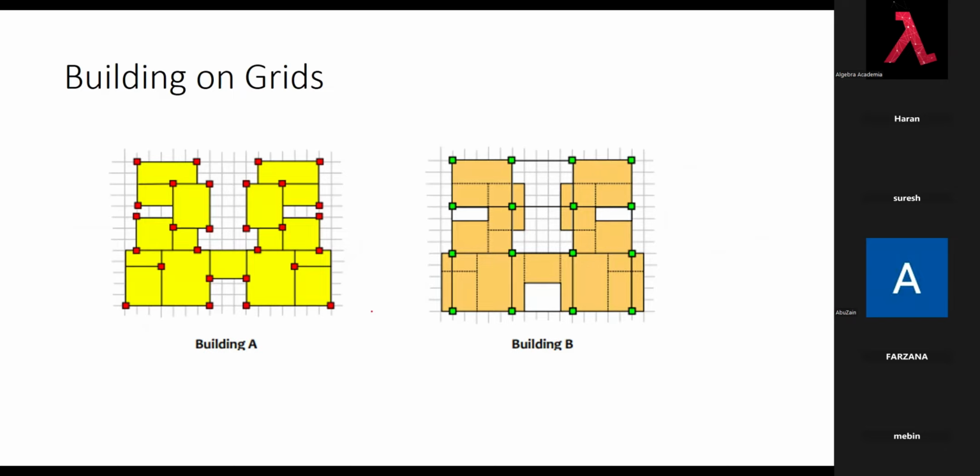Buildings on grid and buildings not on the grid. So this is an example, building B, where all my columns are like a graph sheet. All my columns are exactly on the nodes, and this room will be used for one purpose, another bay will be used for another purpose. These dotted lines are our secondary beams.